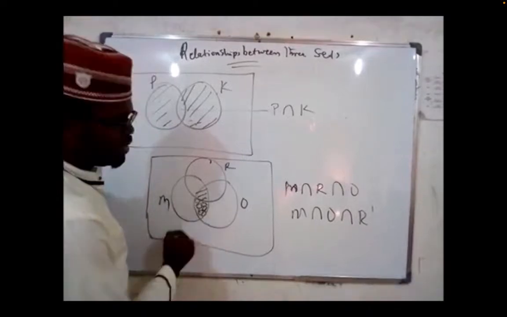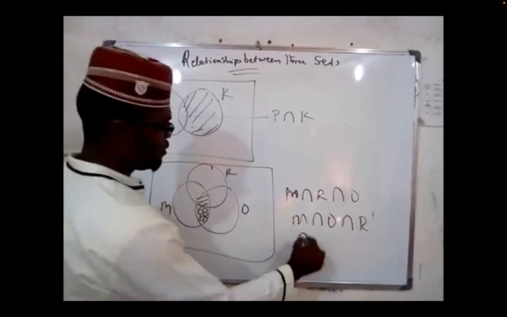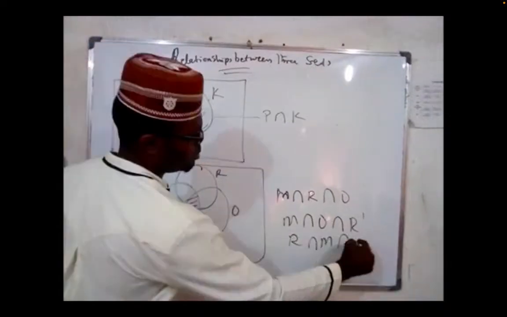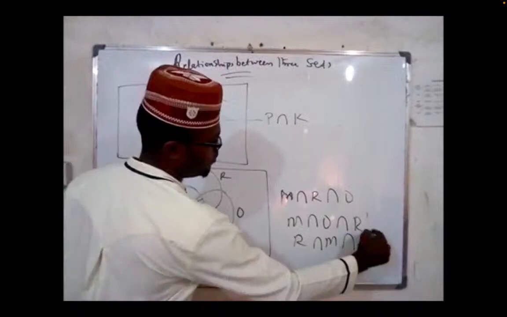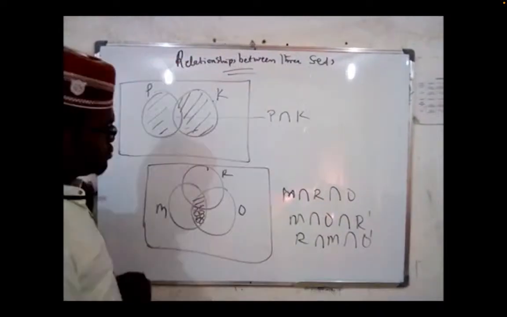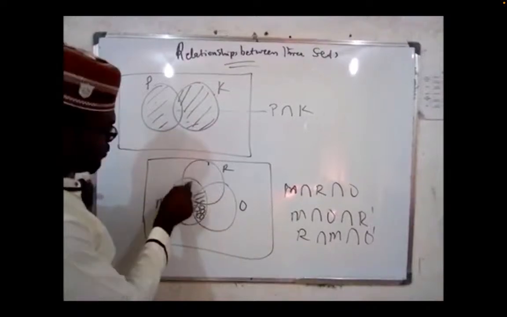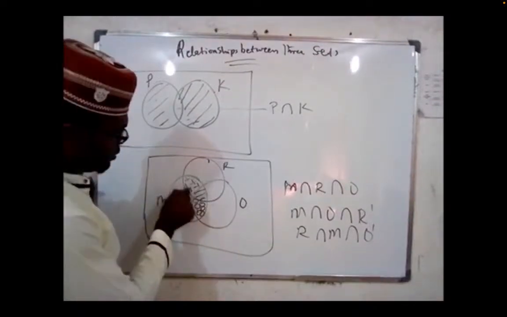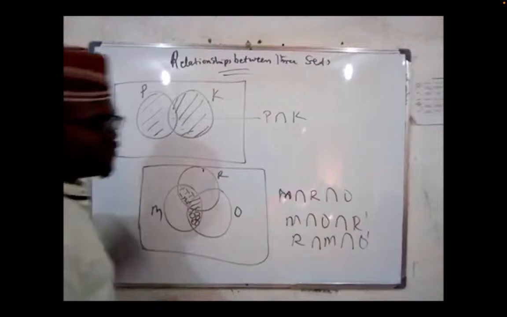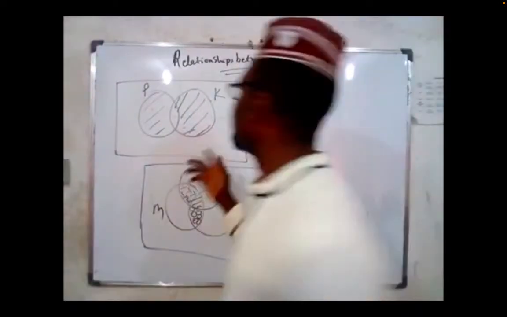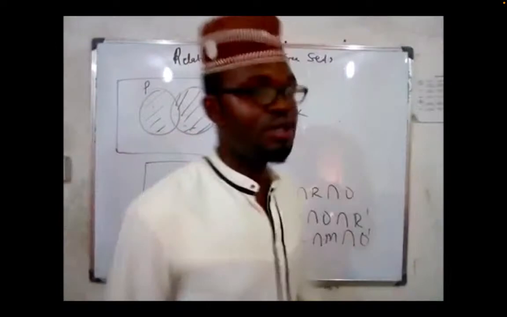Is that clear? Where can we have R intersection M intersection O prime? Here. Is that clear? So very importantly, you need to know where to find each one. You understand? Because we are going to be using this to solve real problems in Venn diagrams.